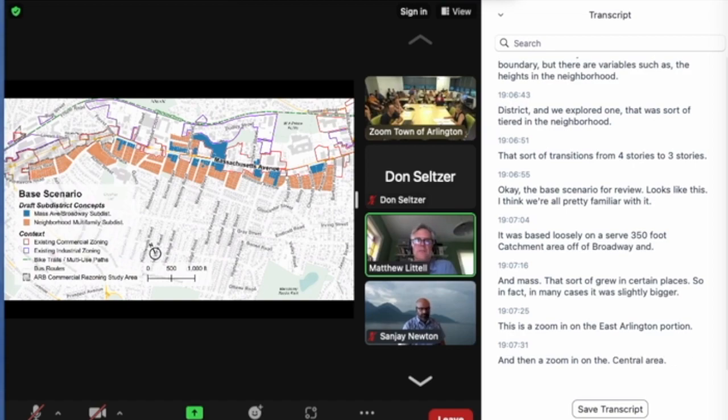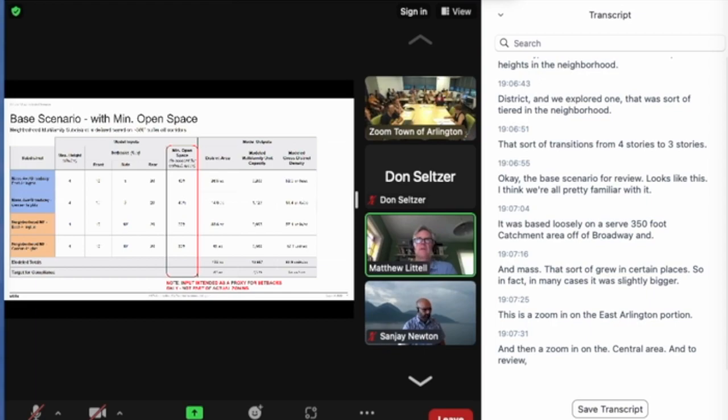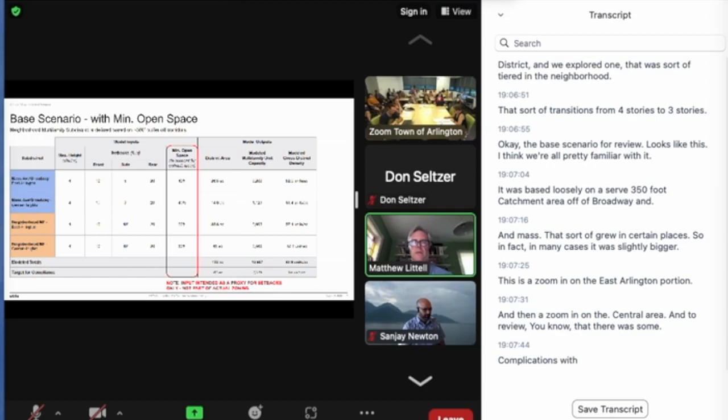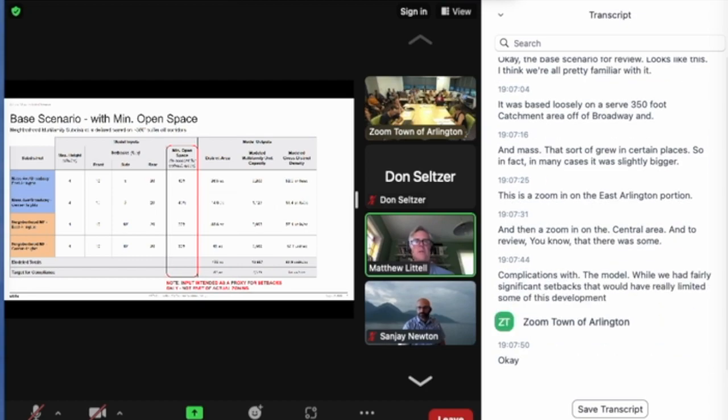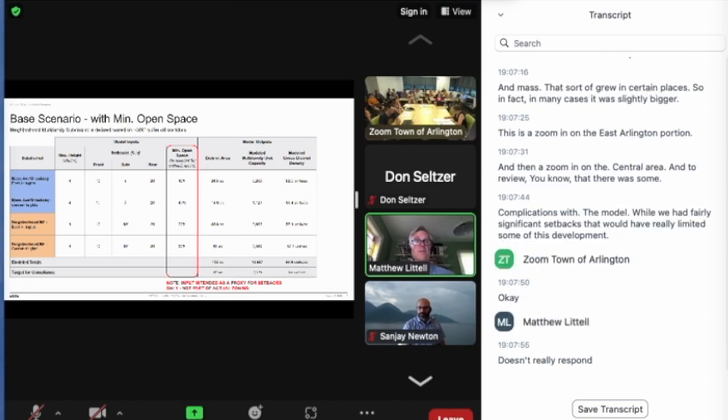And to review, there were some complications with the model. While we had fairly significant setbacks that would have really limited some of this development, the model doesn't respond very well to setbacks.